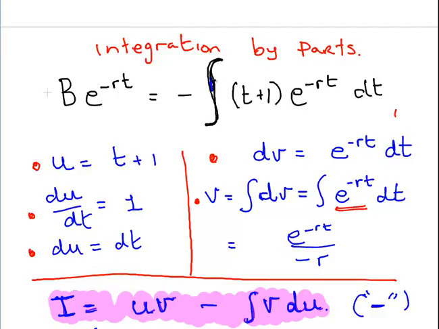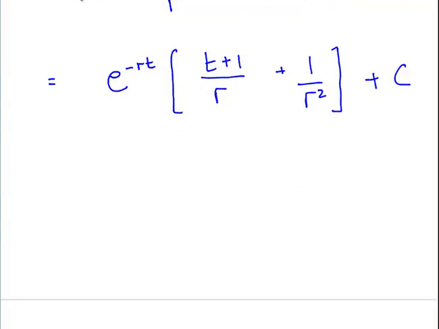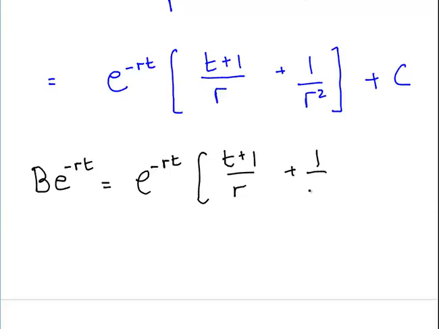What we could do now is go back to working with this, and essentially the answer we have there below is b is equal to minus that. So let's start this again. B e to the minus rt is equal to e to the minus rt over t plus 1 over r plus 1 over r squared plus c.